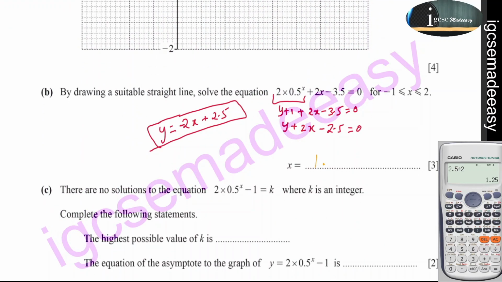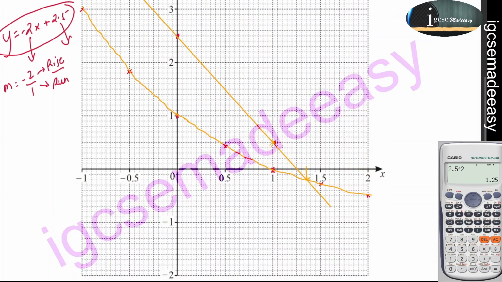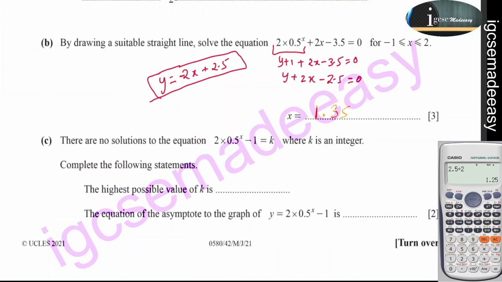Your answer may be in a range, and you will be awarded marks for answers nearby. So the x value I got as 1.35. You may get a little bit of change in your answer because of the graph, but your answer will be awarded according to the range. Okay, let's do the next part.